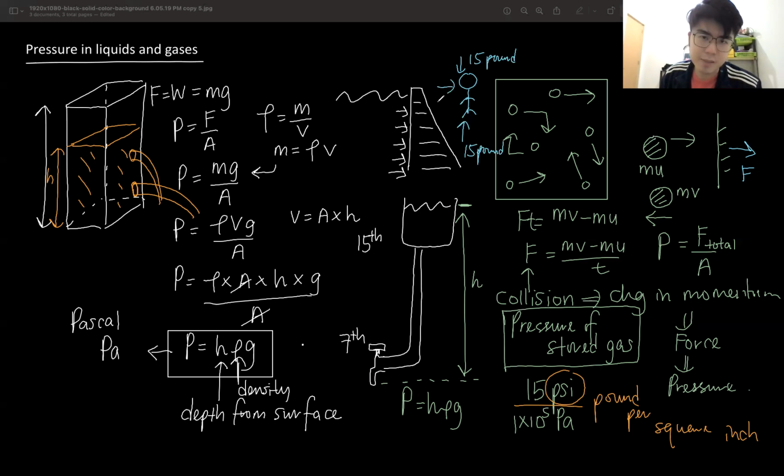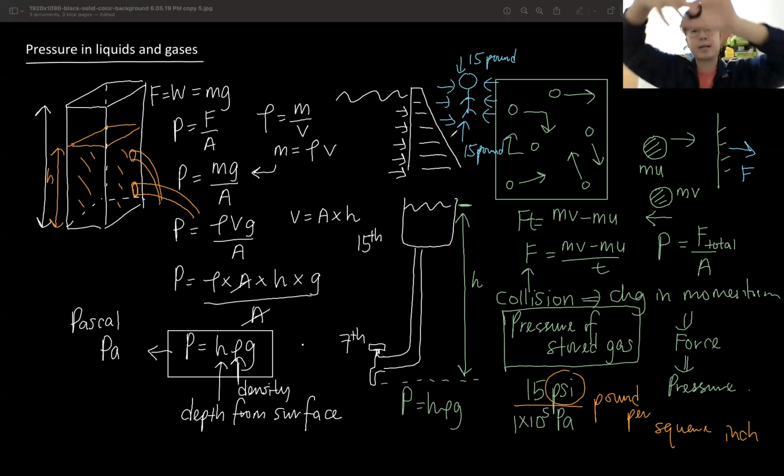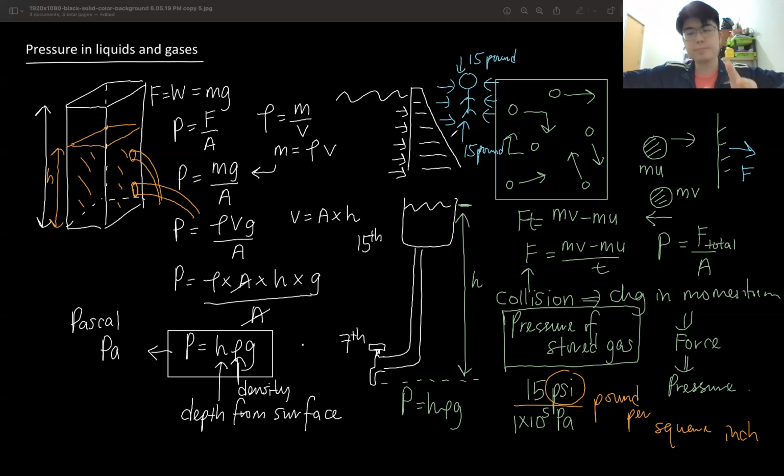You have also from the side over here. All of this 15 pounds, they act in different directions. This happens in gases and in fluid. Okay, fluid can mean water or gas. It happens in all fluids.